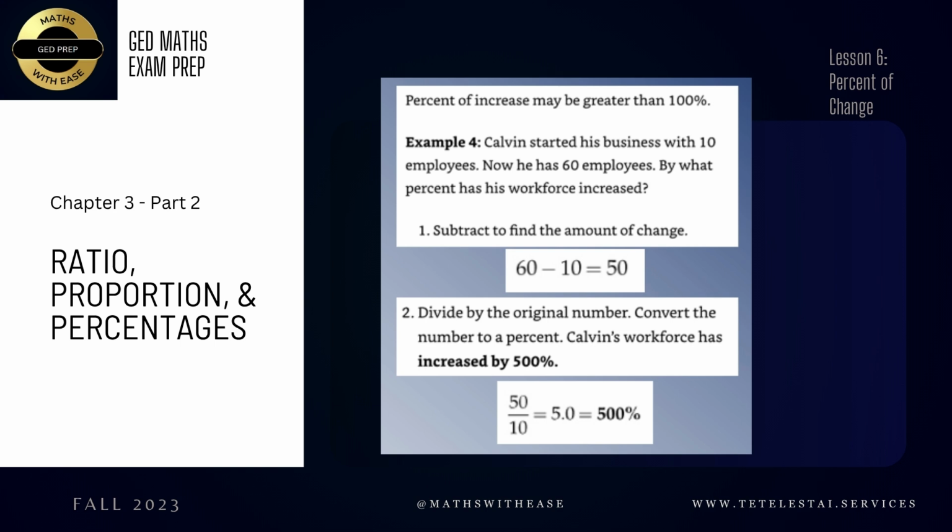So the new number of employees that he has is 60. He initially started with 10, so 60 minus 10 is 50. And then you divide the amount of change by the original number. In this case, the amount of change is 50, and the original number of employees is 10. So 50 divided by 10 is 5.